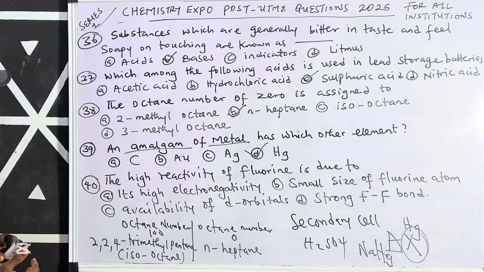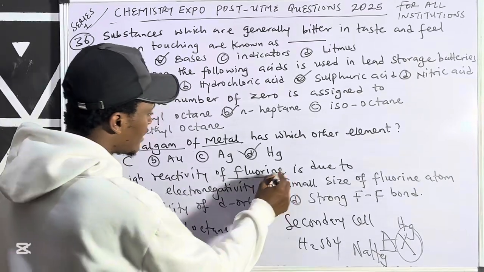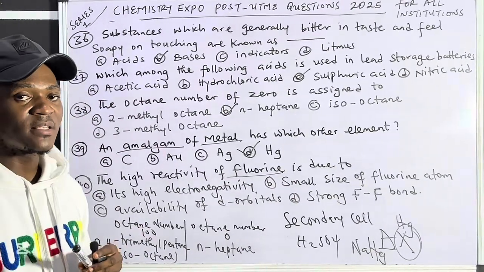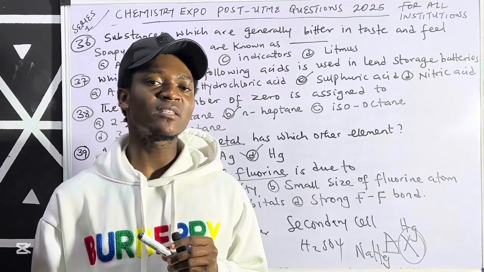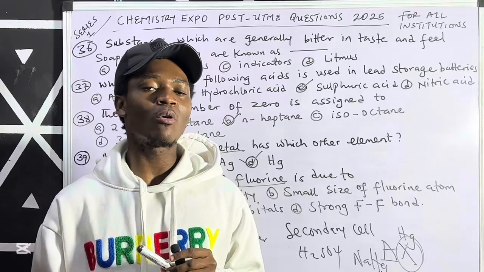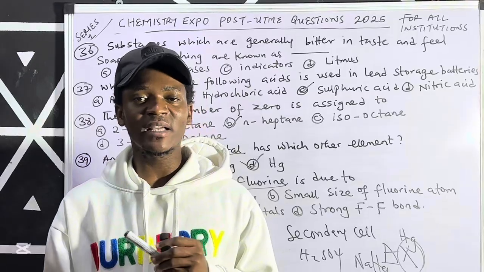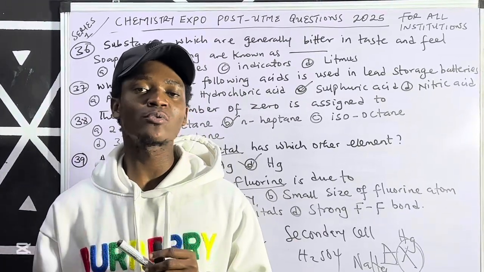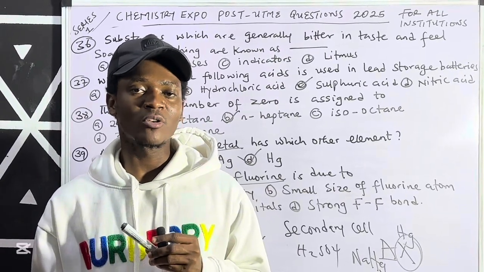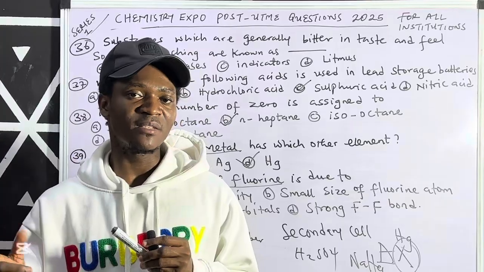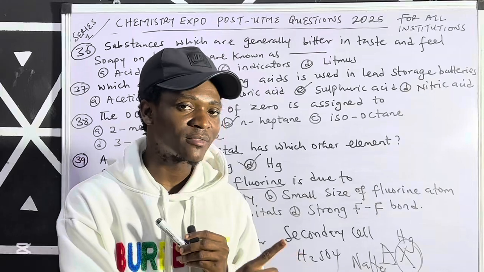Then let's see the next question. Question 40. The high reactivity of fluorine is due to dash. Fluorine is the most reactive element in chemistry, and what makes it very reactive is its high electronegativity. As a matter of fact, the most electronegative element in chemistry is fluorine, while the most electropositive is francium. Being the most electropositive is what makes francium the most reactive metal.